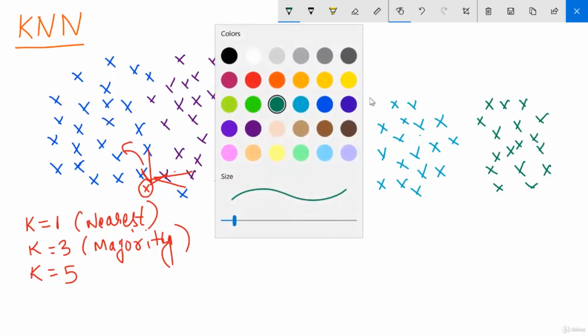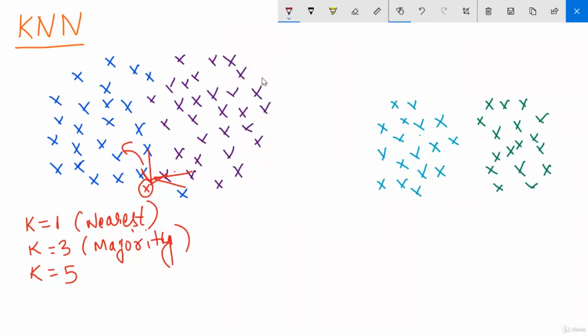Okay, so this is the case now. Now if we have a new data point here, and the value of k is 3, we want the value of k to be 3. Now how will it say which is the nearest one?